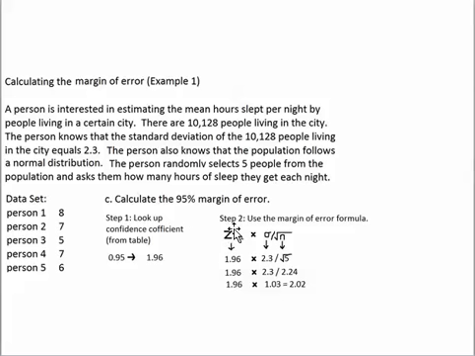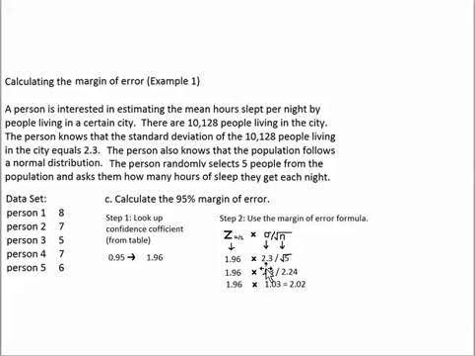We plug that in right here, 1.96, and we multiply that by the standard error, which is just the same form that we used before. The standard error is just the population standard deviation, which is 2.3 from the question, divided by the square root of the sample size, which is 5. We know that the square root of 5 is 2.24.